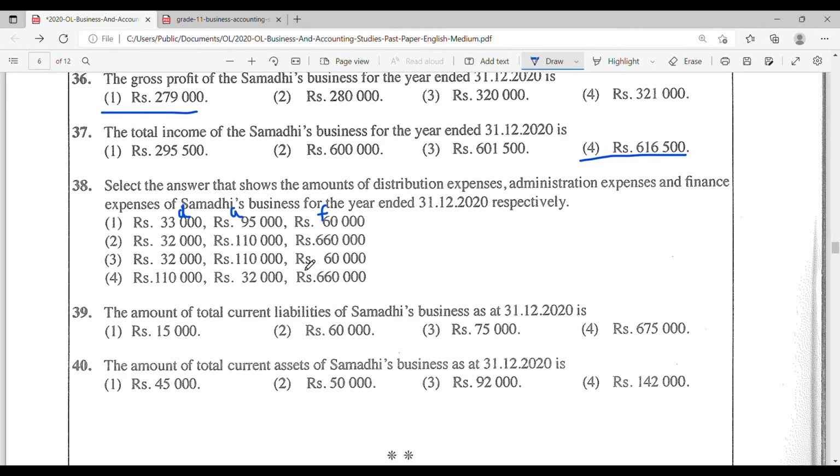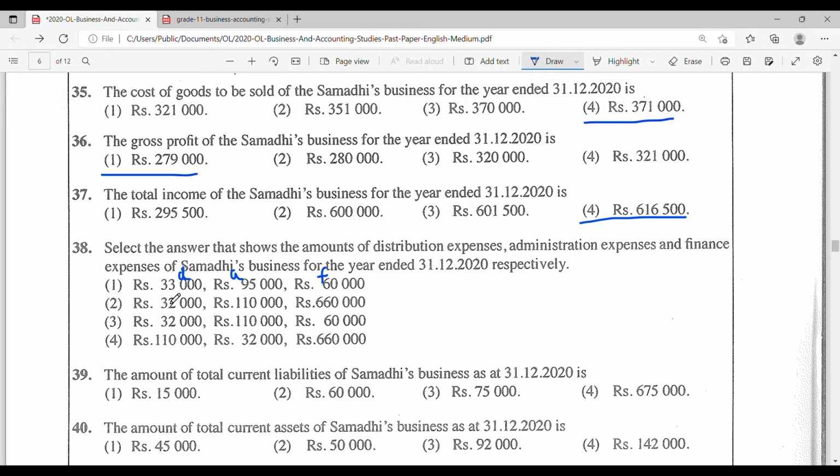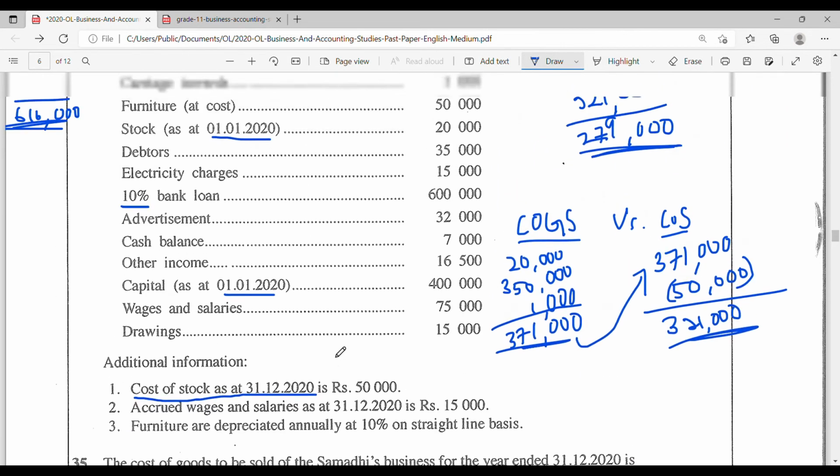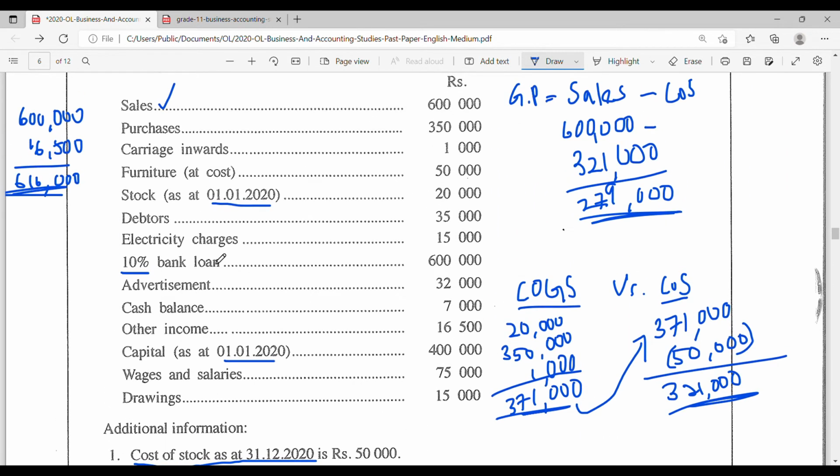Now, an easier way to tackle this question is get the easy amount out. Now, here you can see finance expense can either be 60 or 660 here. So, first let's see what is the correct finance expense. So, looking here, they only have a bank loan which is 10% of interest.